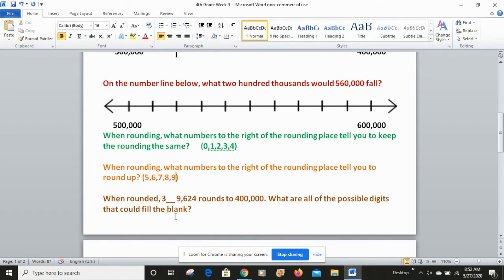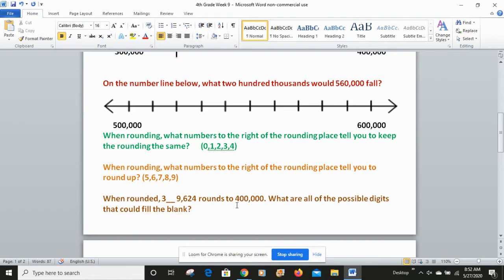So if I had a question like this, when rounded, 300, there's a blank in there, 9,624. If we took this number right here and rounded it to 400,000, what are all the possible digits that could fill in this blank? So the first thing I would do is identify my rounding place.